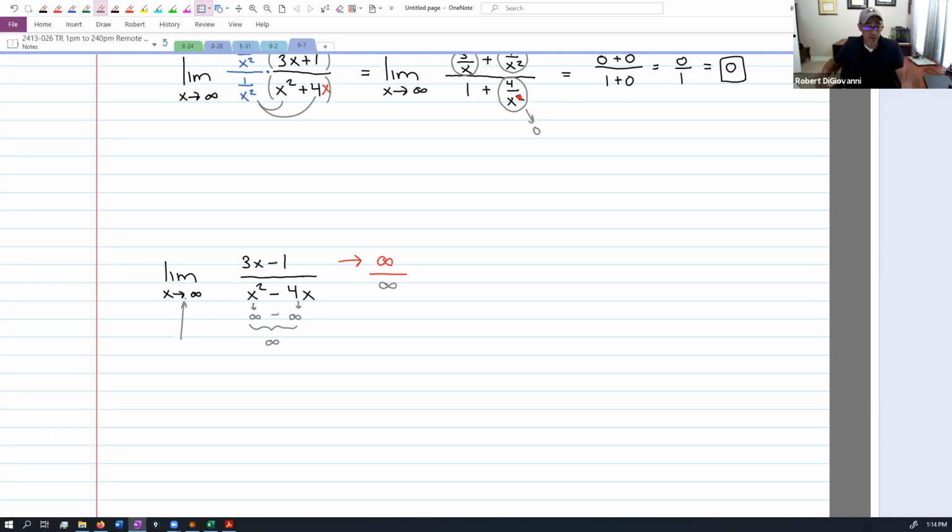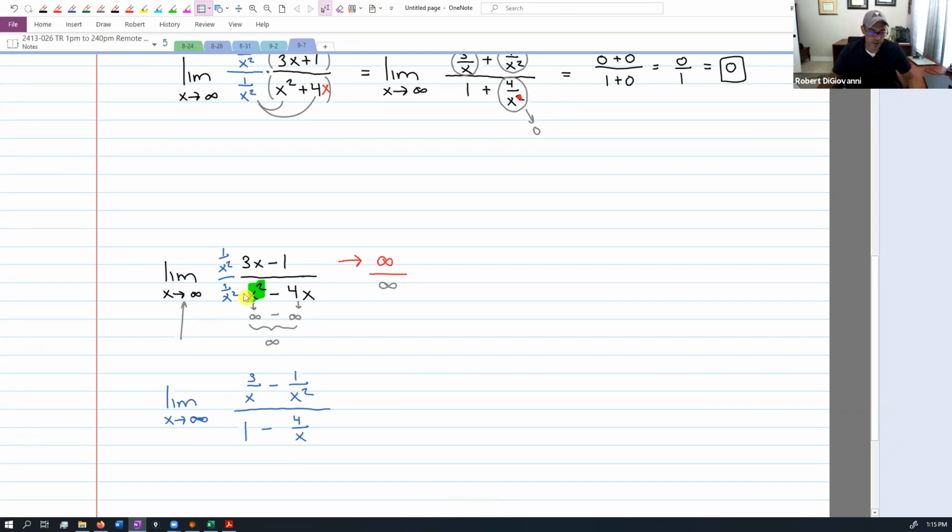Okay, so I have infinity over infinity, and so I'm going to look at the highest power of x, and I'm going to do the same thing. 1 over x squared, 1 over x squared, and then I distribute through. So we just did this a second ago, so we're going to get 3 over x minus 1 over x squared over 1 minus 4 over x.